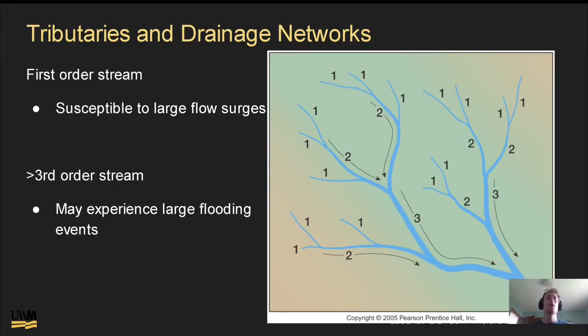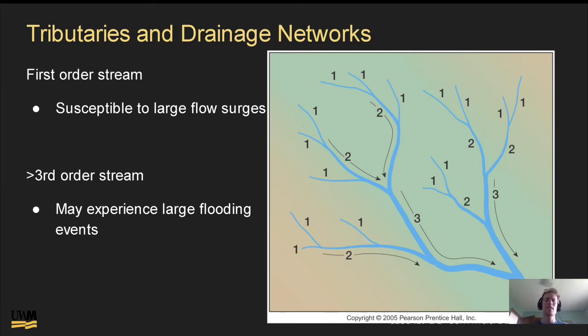What you will need to know, however, for lab is the order of streams. This is referring to whether a stream would be a very small tributary, starting off like a very small stream, which would be a first order, and then first orders flow into second order streams, and then third order streams down the line.